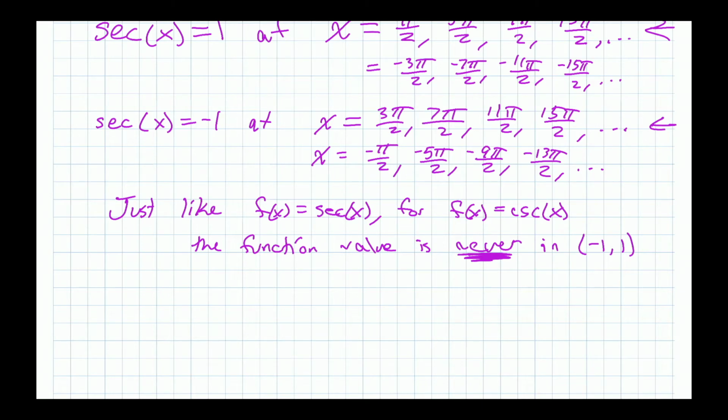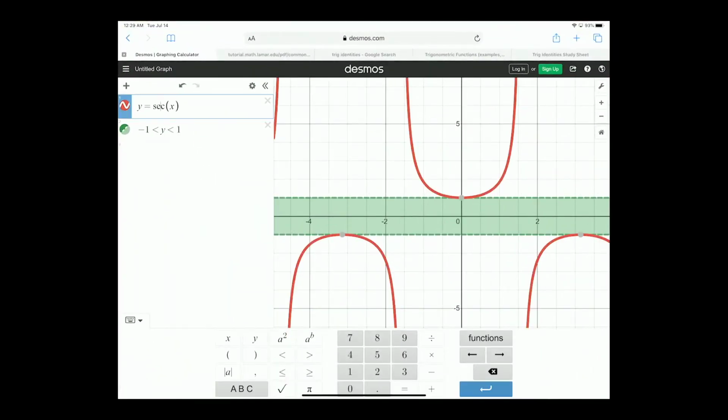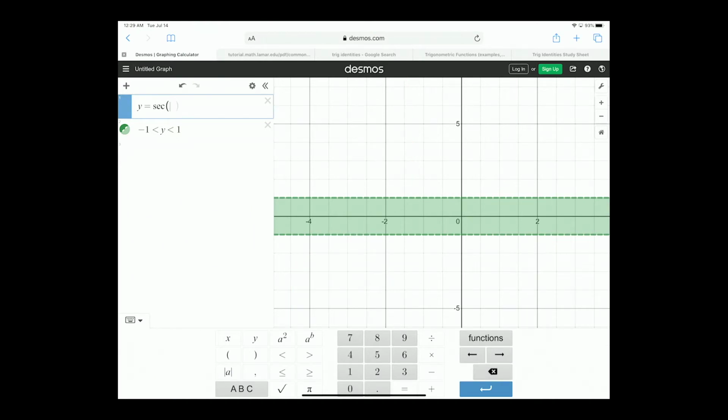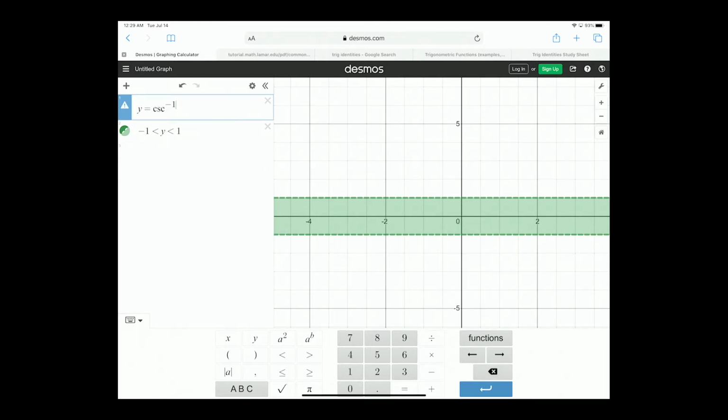Same rule. We didn't look at the graph formally over here, but let's look at it here. If I change this to a cosecant x, functions, that's a cosecant inverse. That is not what I wanted.